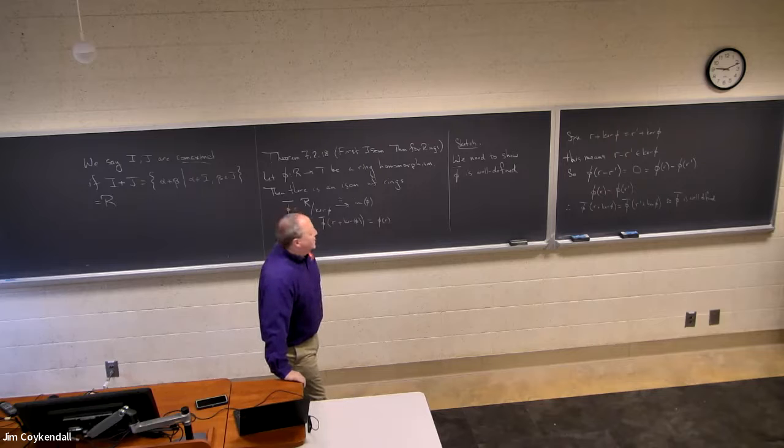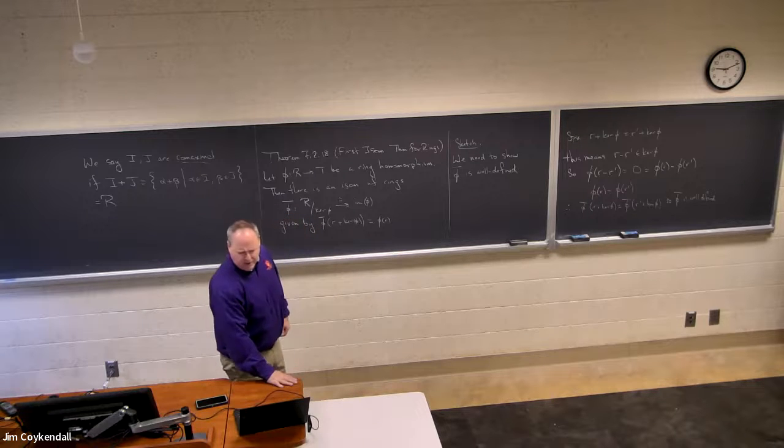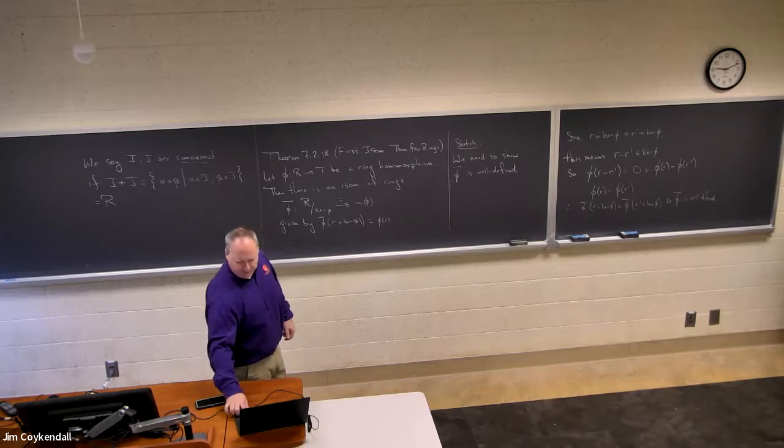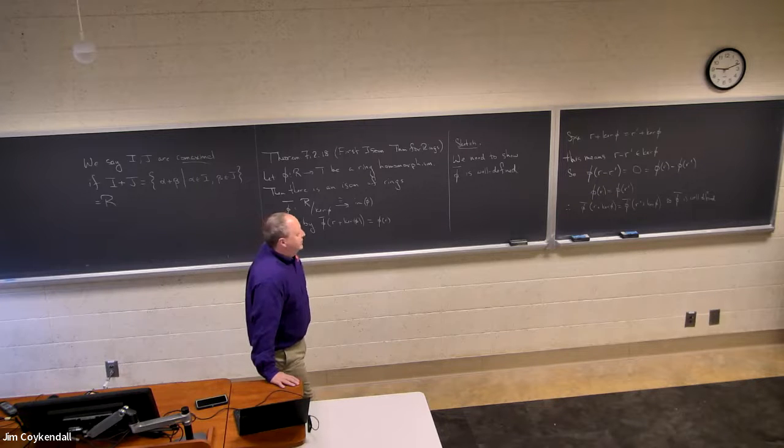And that's it. The rest of the proof is very much like the proof for the first isomorphism theorem for general groups. I'll let you look that over and see if you've got any problems with it. Any questions?